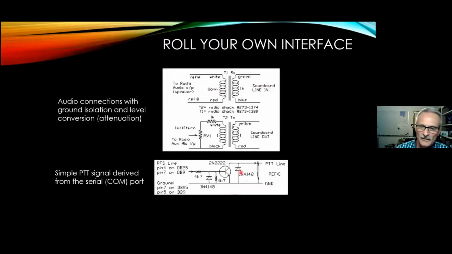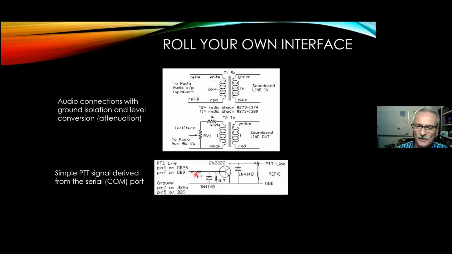And then down here is the push-to-talk circuit. In this case, what I utilized on that particular interface was the communications port, the COM port, or the serial port out of the laptop. We just take one of the lines on the serial port, which conveniently is called request to send. Very simple interface here.